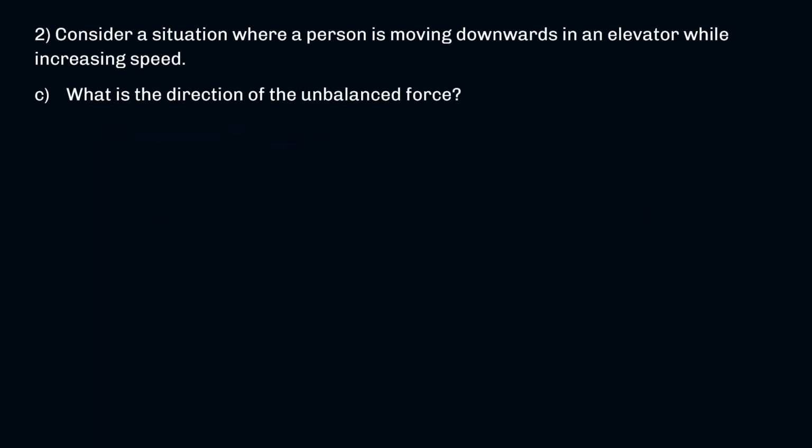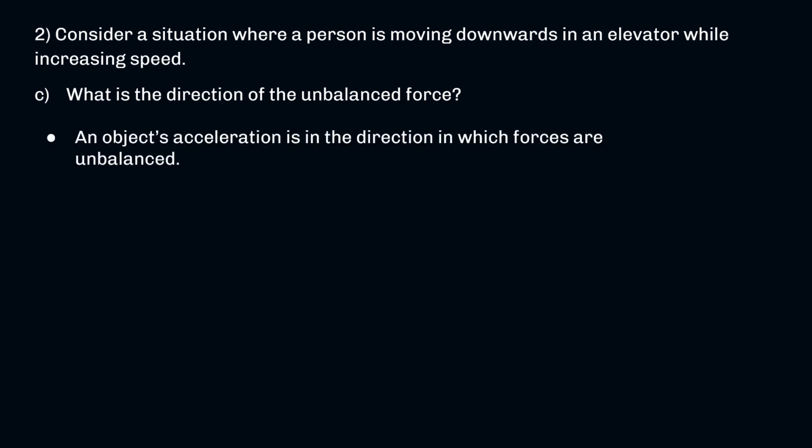All right, so part C, again, was the direction of the unbalanced force. So very similar to example 1, I have the direction of the acceleration. So since I know this, I can use my fact here that an object's acceleration is in the direction in which forces are unbalanced. That's going to be my evidence for this situation again. My fact of physics. Then I can go with my reasoning.